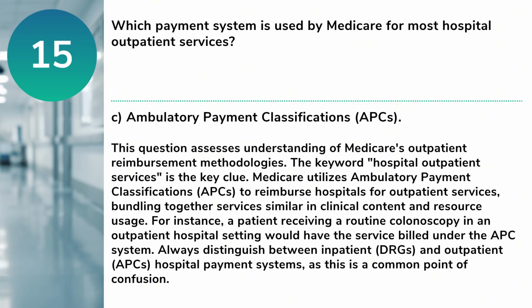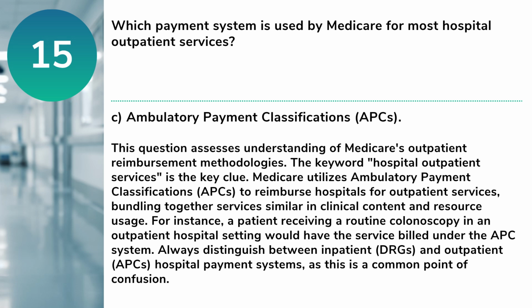Answer: C. Ambulatory Payment Classifications, APCs. This question assesses understanding of Medicare's outpatient reimbursement methodologies. The keyword hospital outpatient services is the key clue. Medicare utilizes ambulatory payment classifications, APCs, to reimburse hospitals for outpatient services, bundling together services similar in clinical content and resource usage.